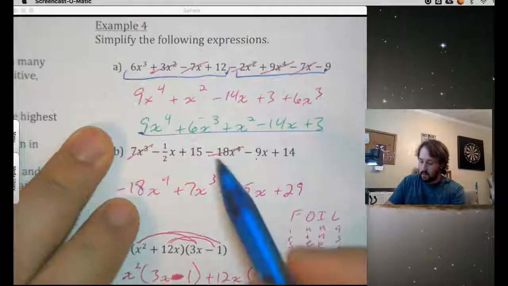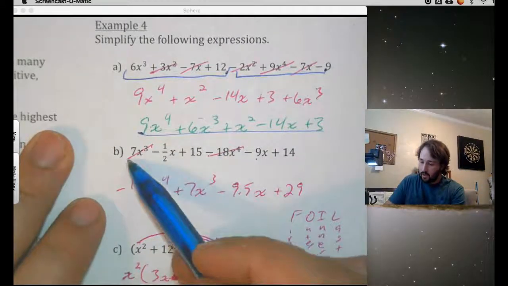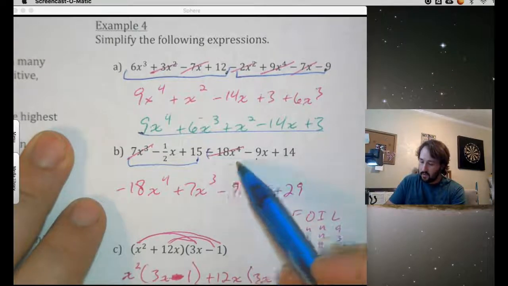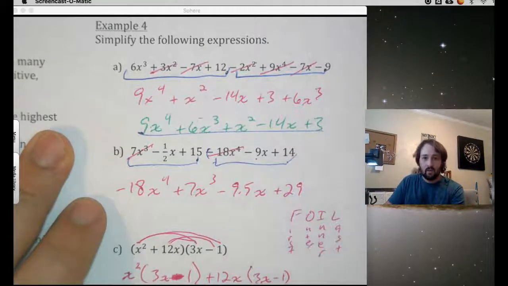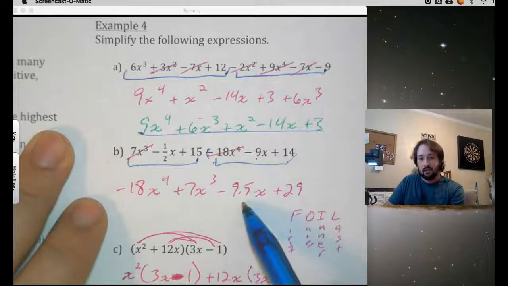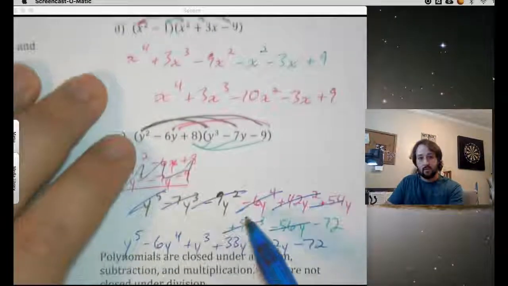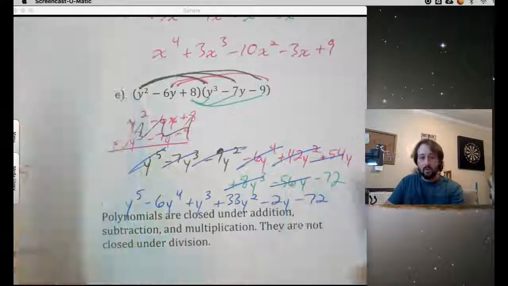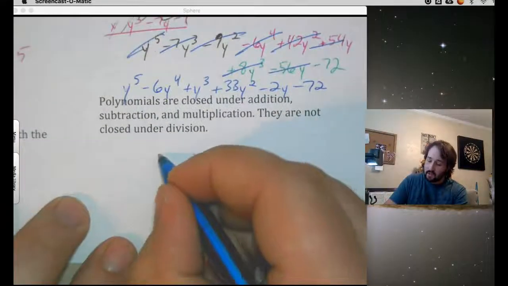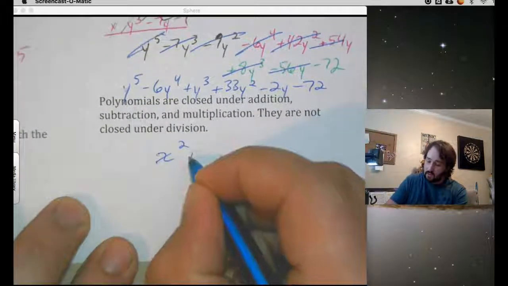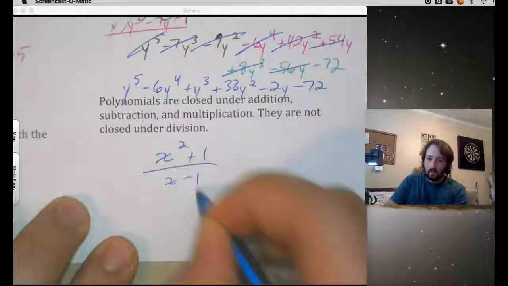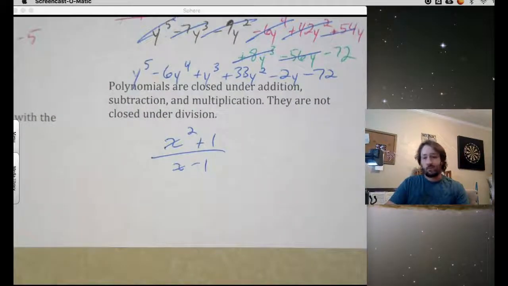If I took two polynomials and I changed that to addition, that would only change the sign on one thing, but it would stay a polynomial. If I do multiplication of two polynomials, which I've been doing all along, it stays a polynomial. However, if I do a division, which we'll see much later in this section, this will not simplify to be a polynomial.